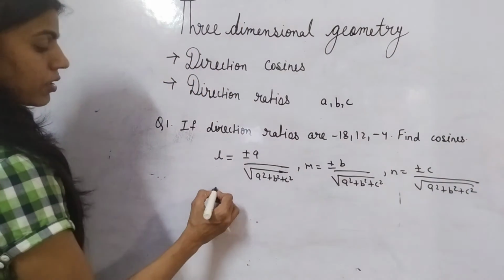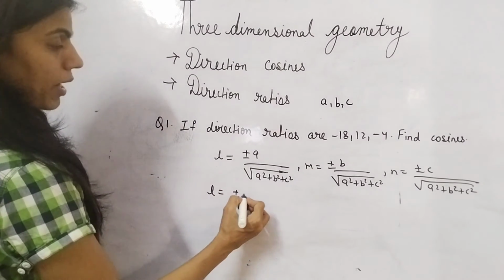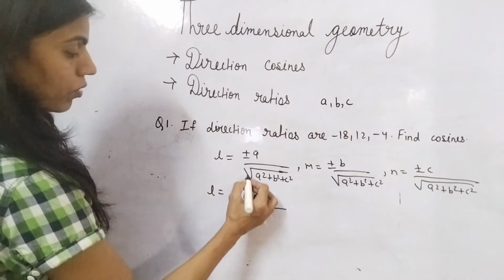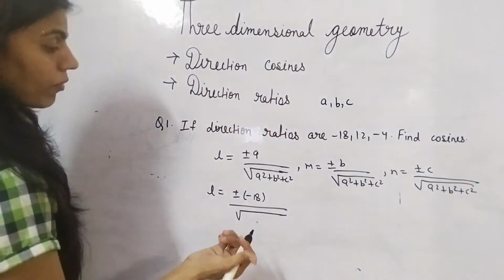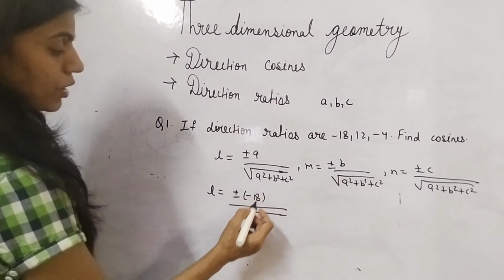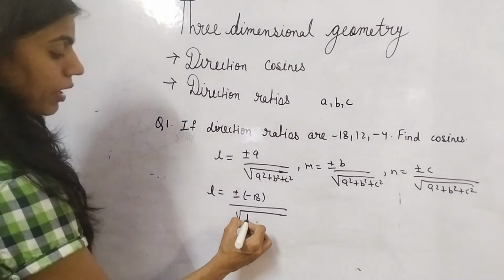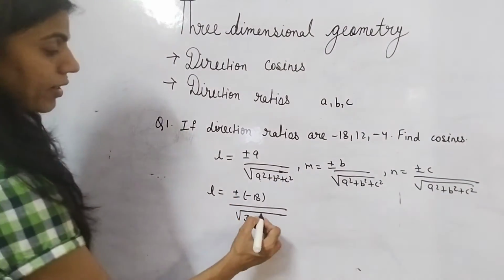So students, first l is equal to plus minus 18 upon root of a square plus b square plus c square. It means 18 square is what? 324. I am writing directly.